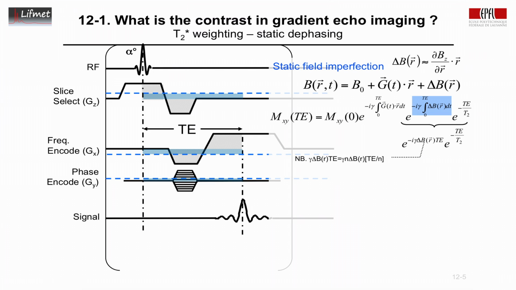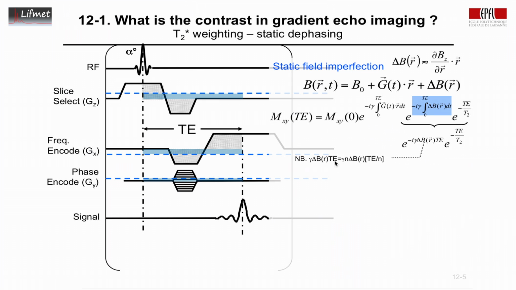So gamma delta B times TE, I can write as gamma times n times delta B times TE over n. You see, I multiplied by n and divided by n. What this means is that I can pretend I'm applying an n times bigger static field inhomogeneity for an n times smaller time period. The effect on the phase will be the same. You can verify this term is in here.